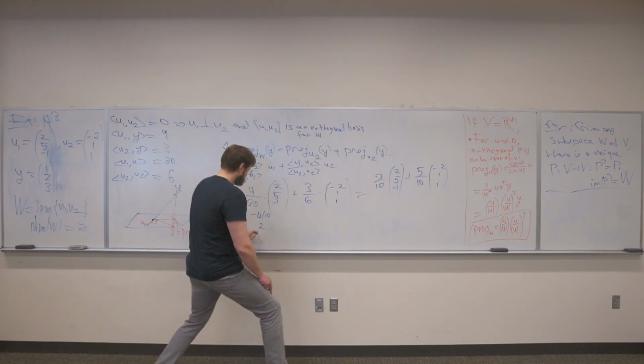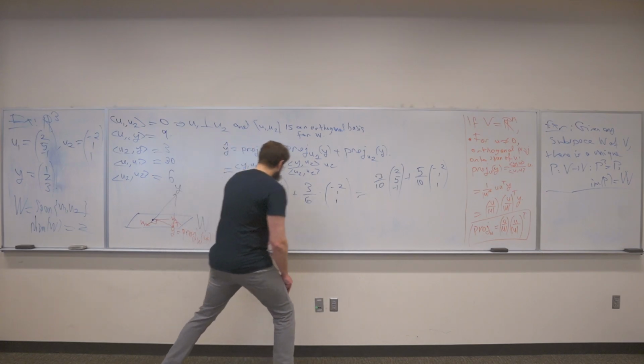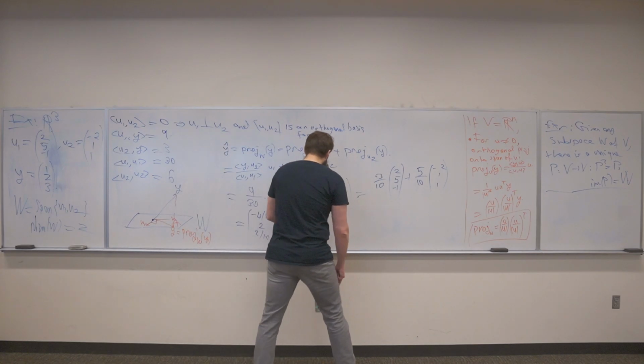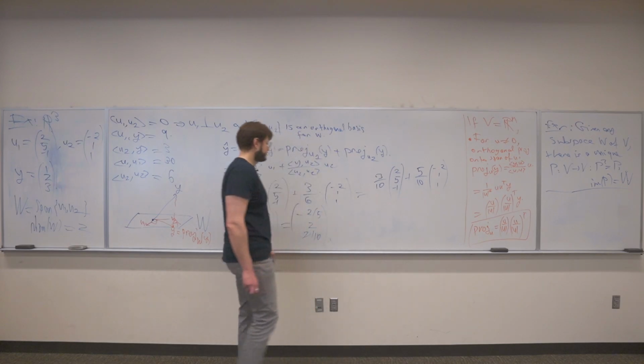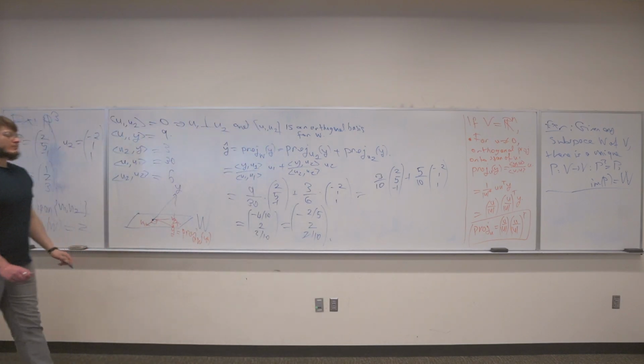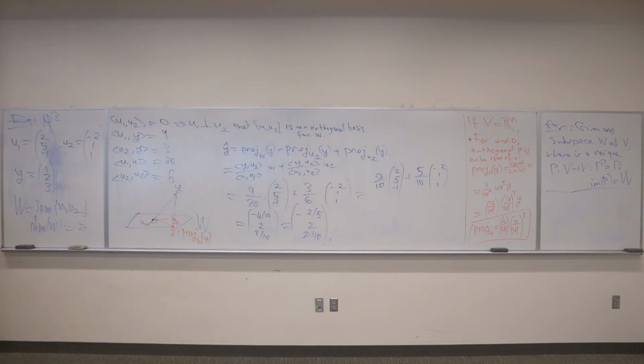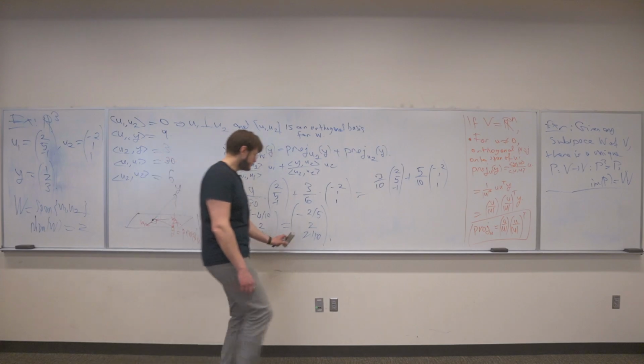So I can maybe write it like this: (-2/5, 2, 2/10). Okay, that's how we compute this. Checking. Yeah, it's correct. I guess I should turn this into a 1 over 5.